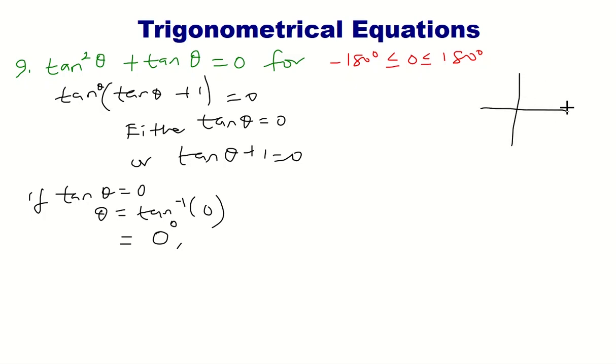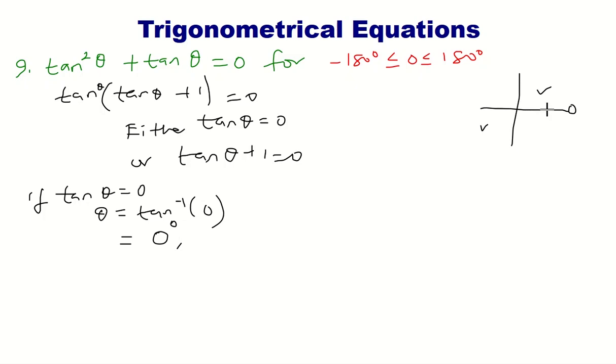If this is our 0, along this line, where do we expect tan to be positive? Tan should be positive here, and then somewhere here. Because we've gotten tan theta is 0, it is neither positive nor negative, so we expect it to be along the line in the middle there. So we've found our angle as 0.